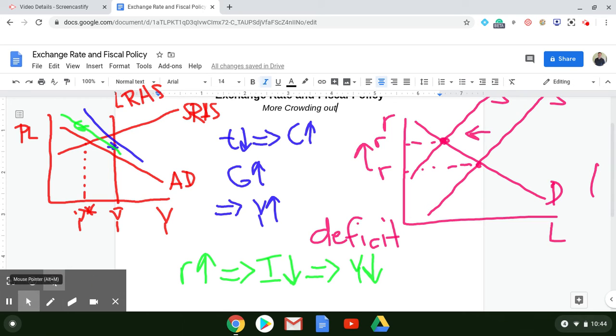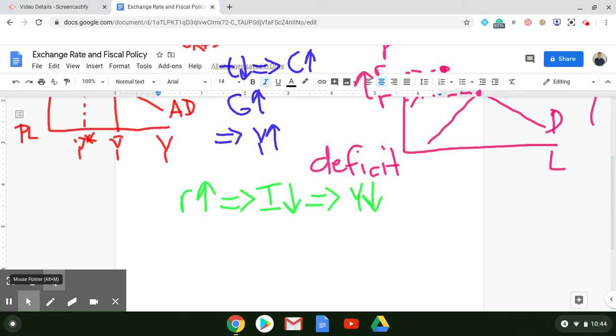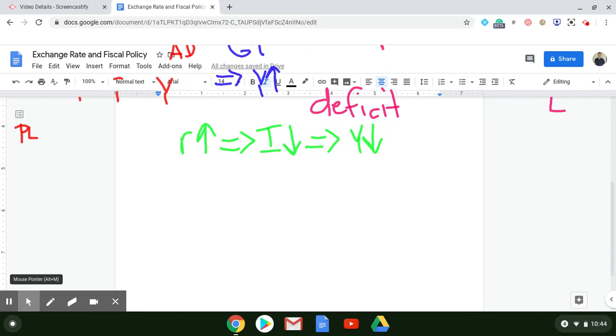But the story doesn't end there because now we have an open economy. And what we also remember about an open economy is that if the interest rates increase, we're going to have a capital inflow, because presumably interest rates stay the same in other countries.